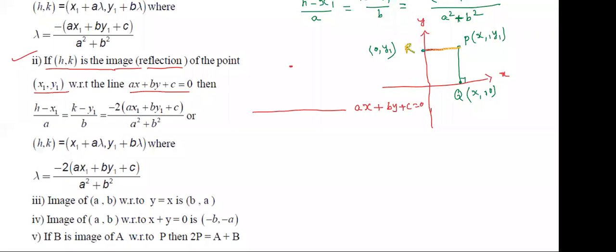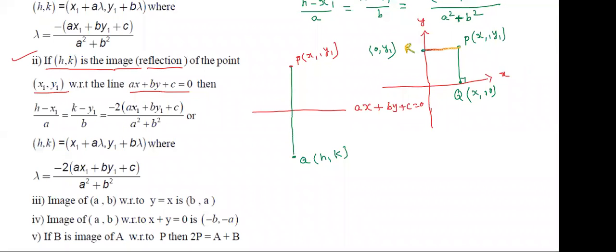Here is the point P, x1 comma y1. Now the image of P with respect to the line is Q. Q is the image h comma k. Now join these two.